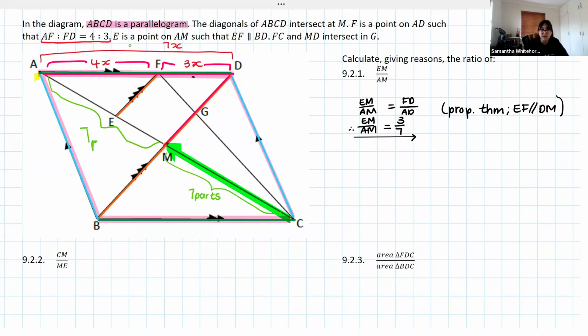It's not 7 centimeters, it's not 7 millimeters, kilometers, whatever, it's just a ratio. And because of that, we can now go and find the ratio of CM to ME. We've already shown that ME, if you have a look in your first question, was 3 parts.